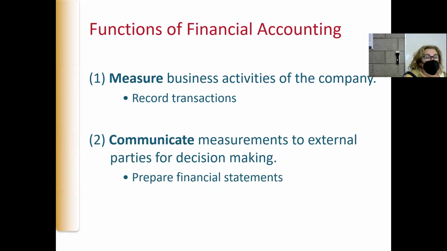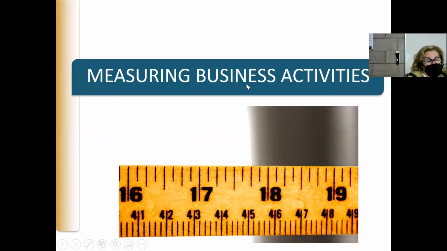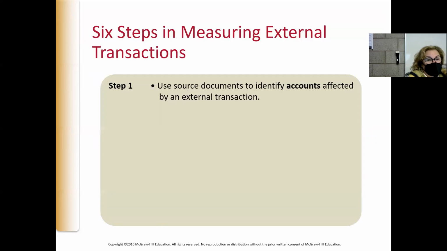And then we also talked about how we communicate those activities in the form of financial statements. Those financial statements put together all the different activities, and we prepare these forms so we can communicate to people who need that information in order to make decisions.